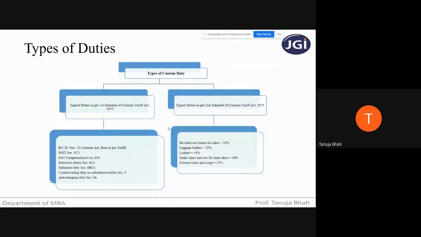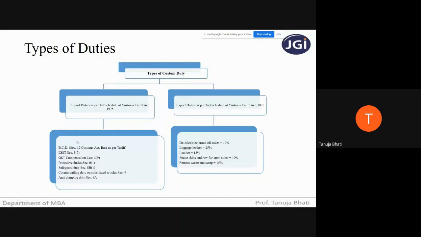Now, when we study valuation of customs duty, I will explain in detail the format, in the sense, on what particular value these duties will be charged. If it is BCD, on what value are you going to charge BCD? IGST, on which assessable value will IGST be charged?